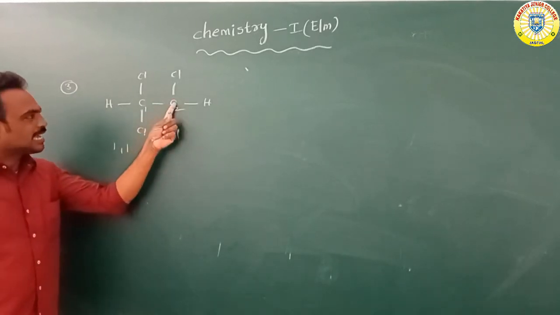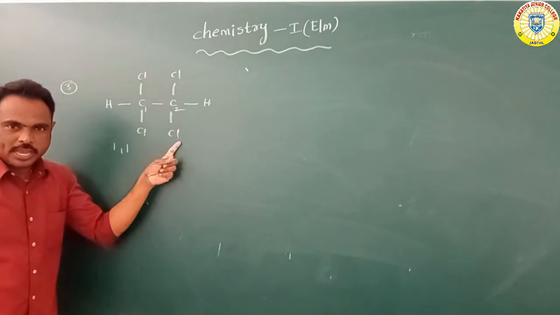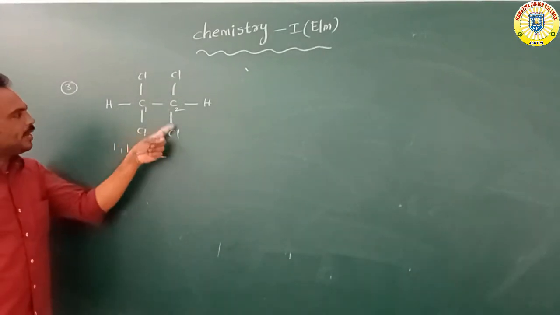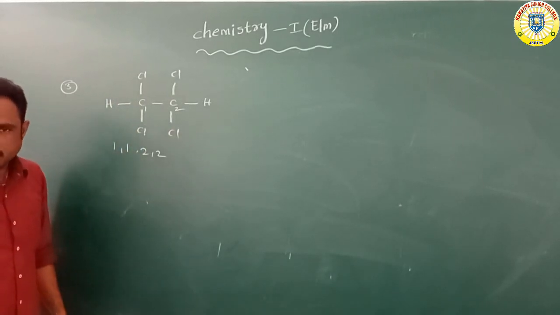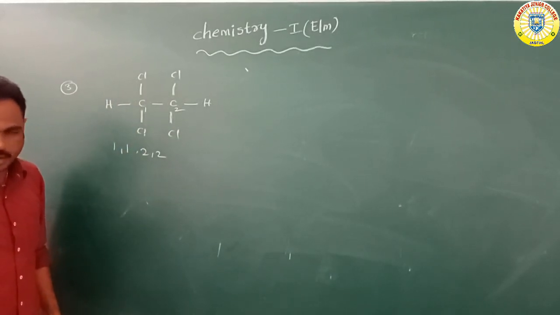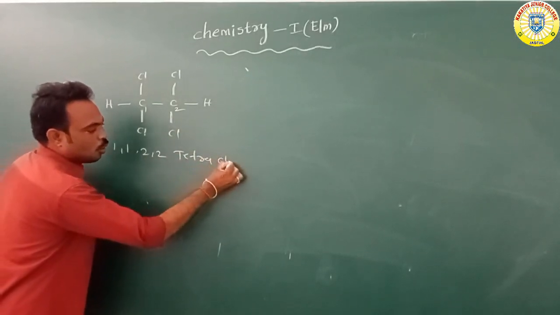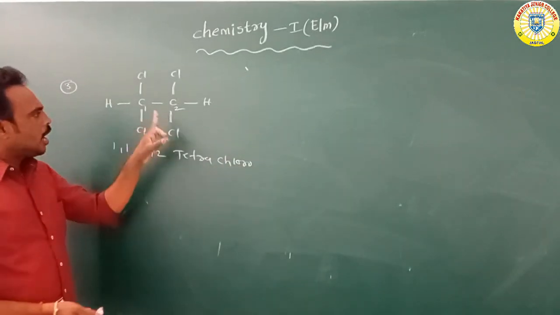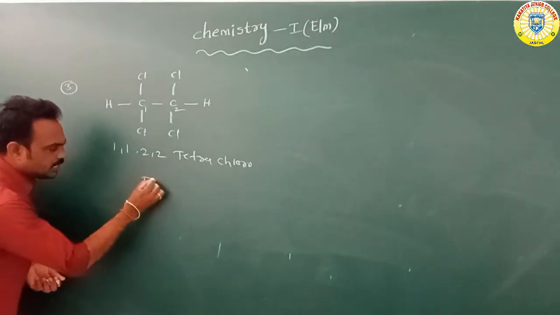And this carbon is also attached with two chlorine atoms, so we write 2, 2. So total how many chlorines? 4 chlorines. So at that time we call it tetra. So tetrachloro. Okay. How many carbons? 2 carbons. 2 carbons means eth-.